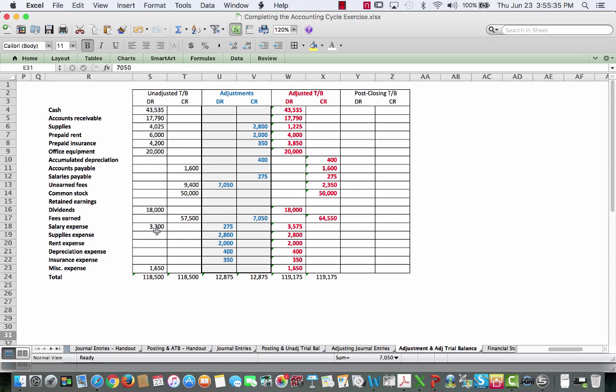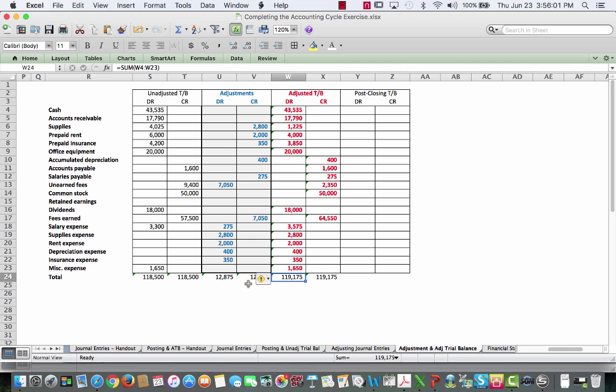On the other hand, if you look at our salaries, on the unadjusted balance was $3,300 for salaries expense, and we added a debit of $275, which increased the balance to $3,575.